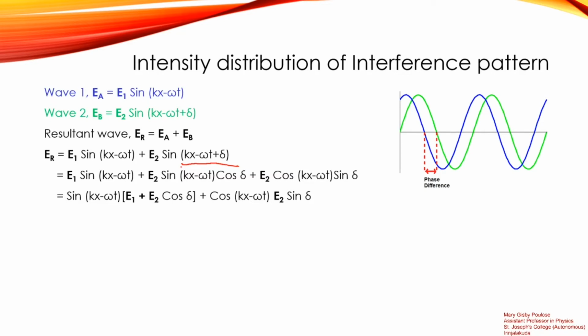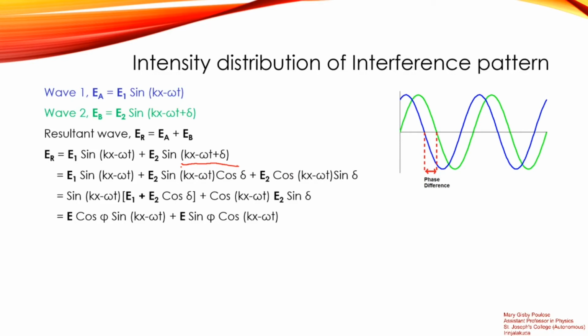Here, we are going to substitute for two terms. E1 plus E2 cos delta is being substituted as E cos phi, and E2 sine delta is being substituted as E sine phi. Thus we get E cos phi sine of kx minus omega t plus E sine phi cos of kx minus omega t.